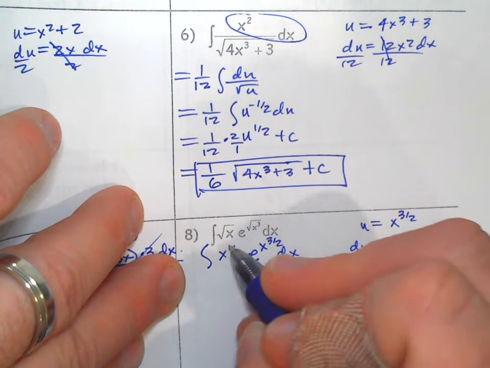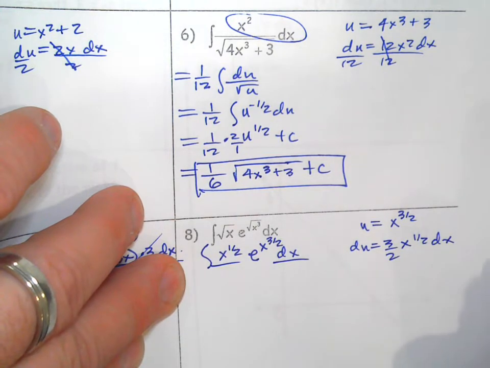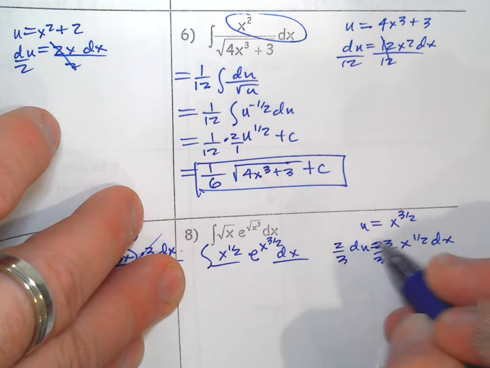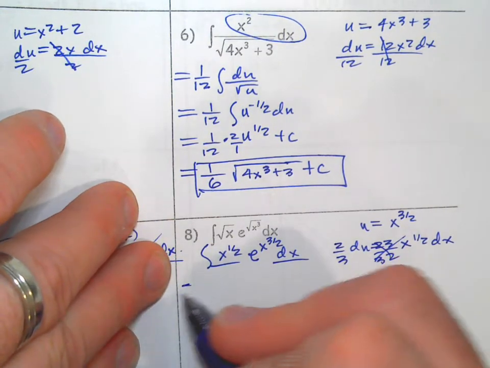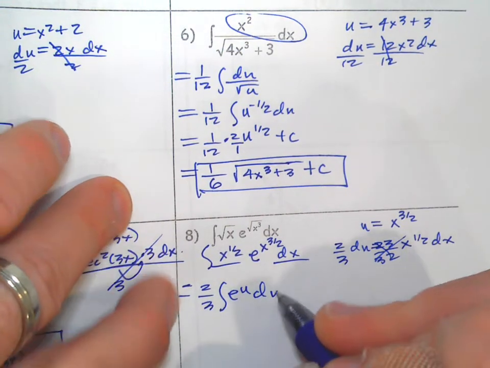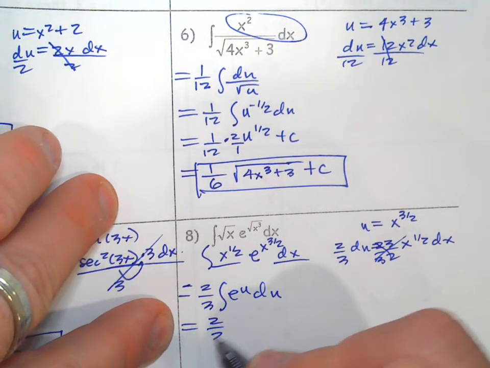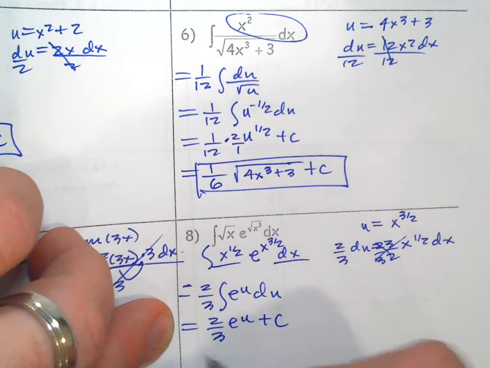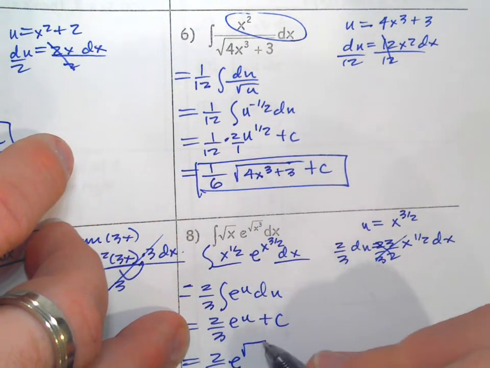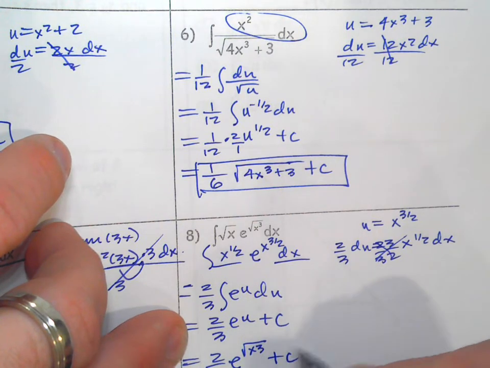And that's good, x to the half dx. I don't want the 3 halves, so I'm going to multiply both sides by 2/3. So I'm going to get a 2/3 in front, and then an e to the u du. So that's going to be 2/3 e to the u plus c. That's going to be 2/3 e to the square root of x cubed plus c.